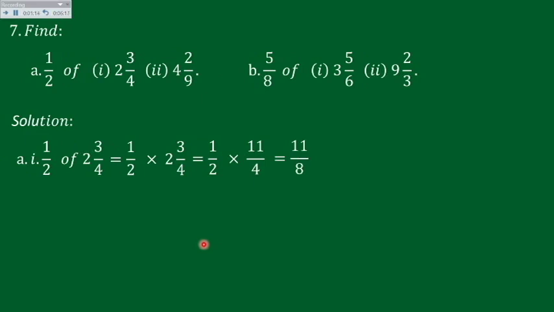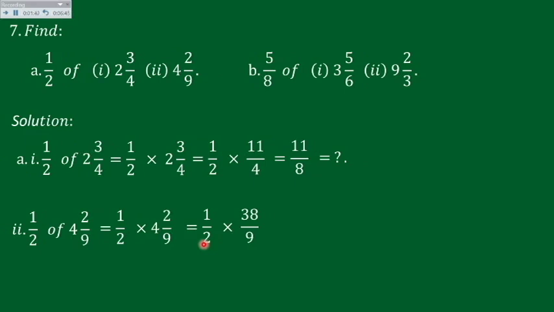Now the second part of the same question. 1 upon 2 of 4 whole 2 by 9. As with the previous one, convert the fraction into an improper fraction. So 9 times 4 is 36, 37, 38. 38 upon 9 is your improper fraction. Okay. Now you can reduce 2 and 38 here.